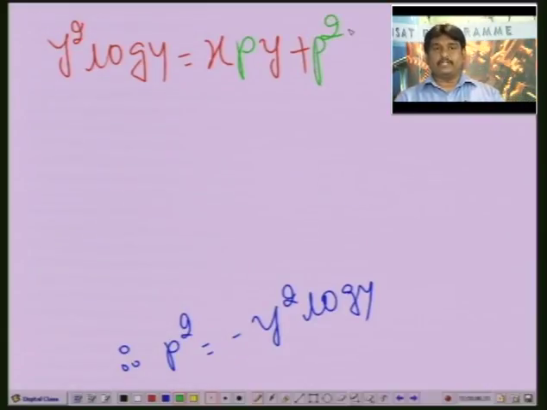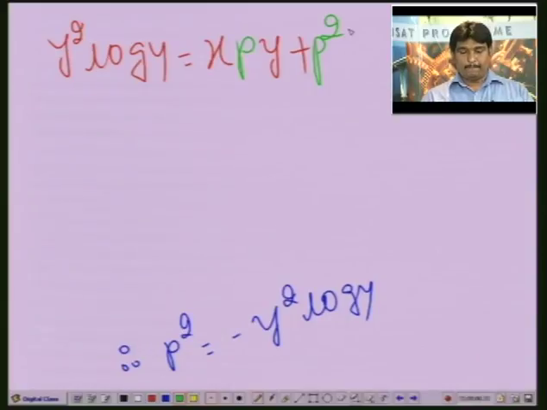This is the given differential equation. We have to eliminate p here. So we have the p square value, p square equals minus y square log y. We have to substitute this in the given differential equation.